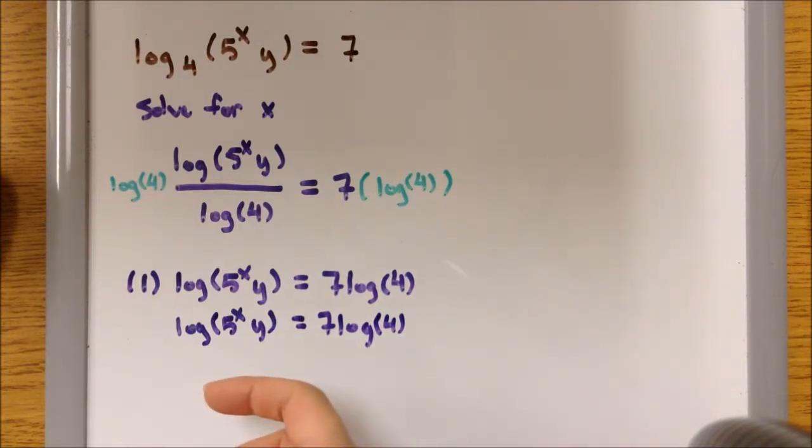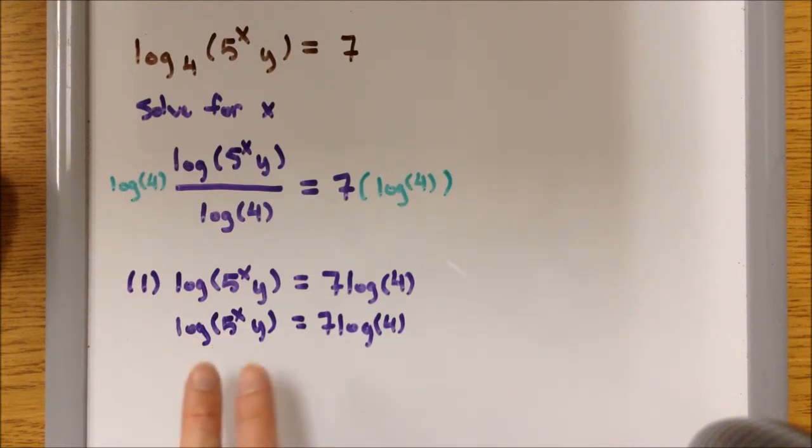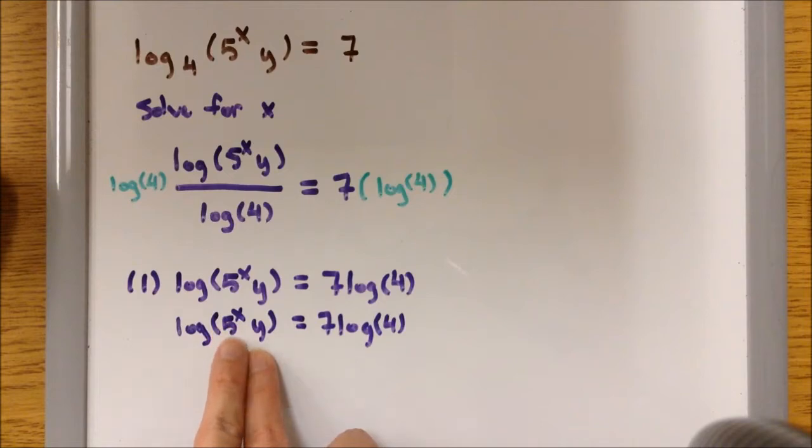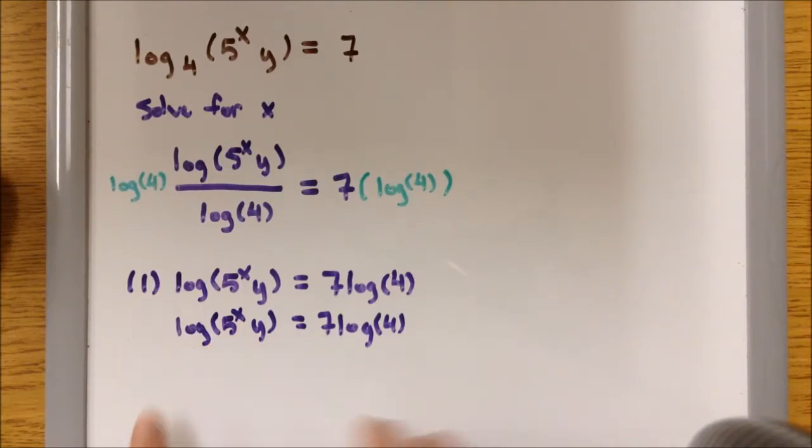Now again, we're still looking for the x, trying to get x by itself. But now we have the y with the 5 to the power of x. So if I want to separate them, what I'm going to use is the product property, because we see that 5 to the power of x is multiplying to the y. So on the product property, since it's multiplication, we can split it and have it into 2 logs with addition.